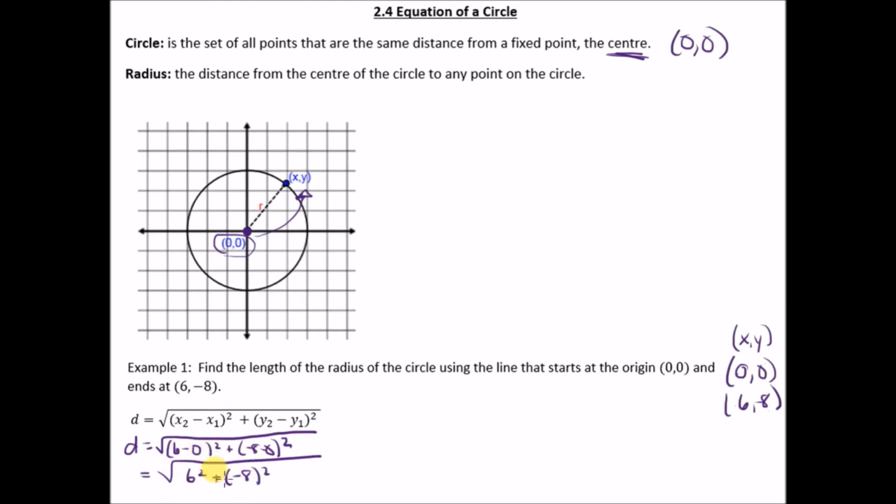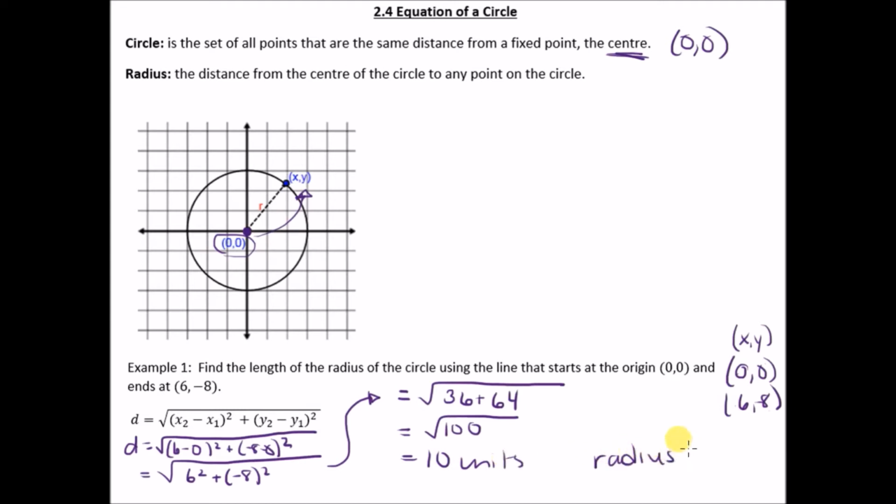Well, what is this beginning to look like? It's beginning to look like Pythagorean theorem, right? So we have 36 plus 64, all rooted, and so we have root 100, which is 10 units. So the radius is, therefore, 10 units.